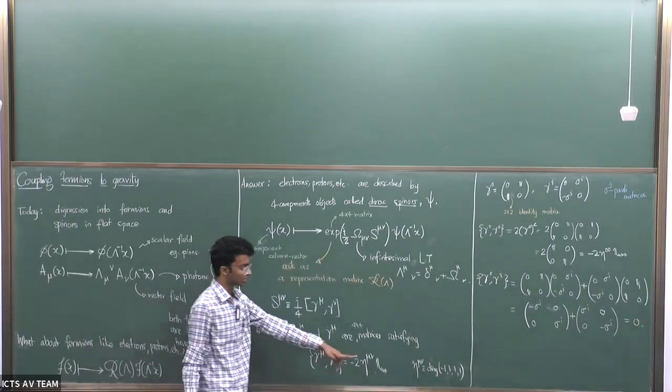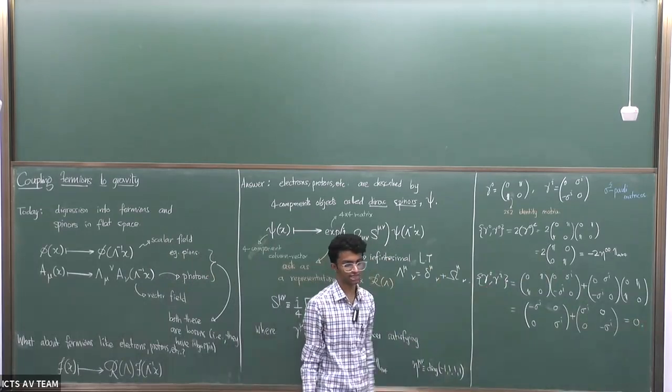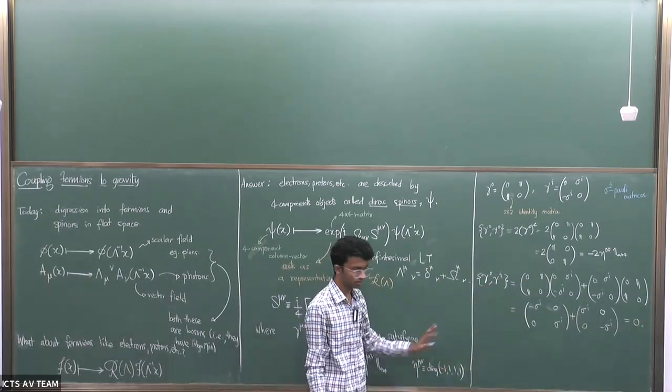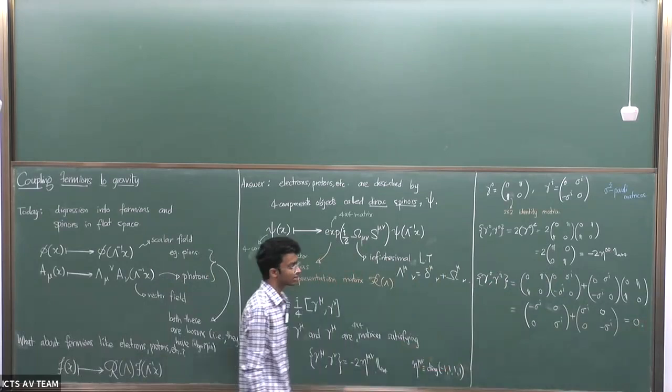There's only one more line to check actually. You just have to check gamma I, gamma j. Okay, if you want, I can do it, but I think you understand the point, right?